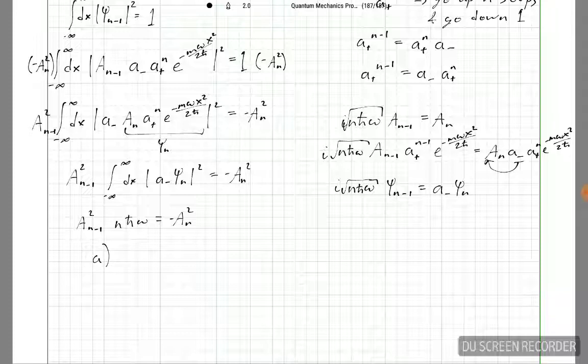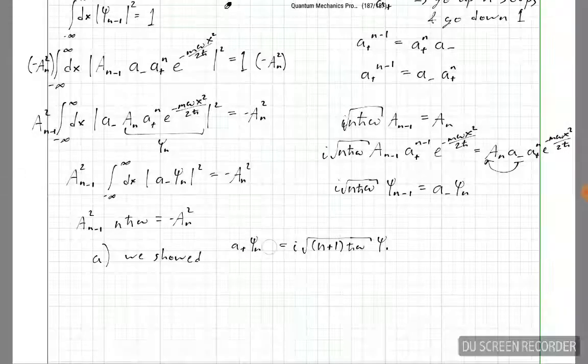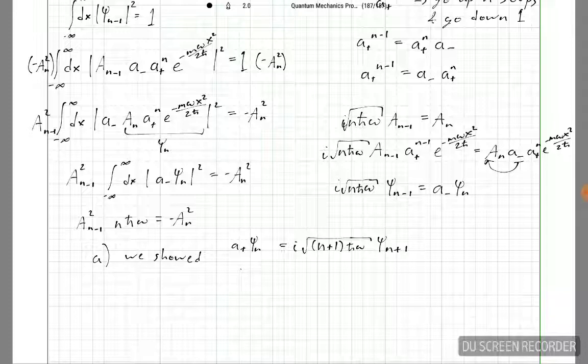So for A, we showed explicitly that the raising operator acting on psi n gives the square root of n plus 1 times psi n plus 1.